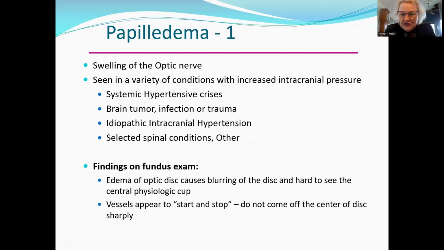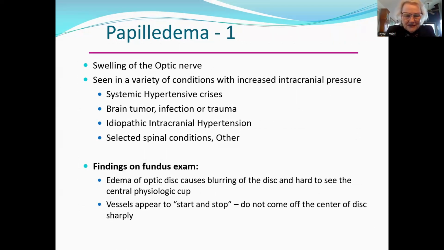So just to talk about papilledema for a moment, swelling of the optic disc seen in a variety of conditions with increased intracranial pressure. In addition to the case we mentioned of IIH, systemic hypertensive crises, this is going to be the most severe eye finding. Brain tumor, infection or trauma, and then selected spinal conditions are also a potential cause.